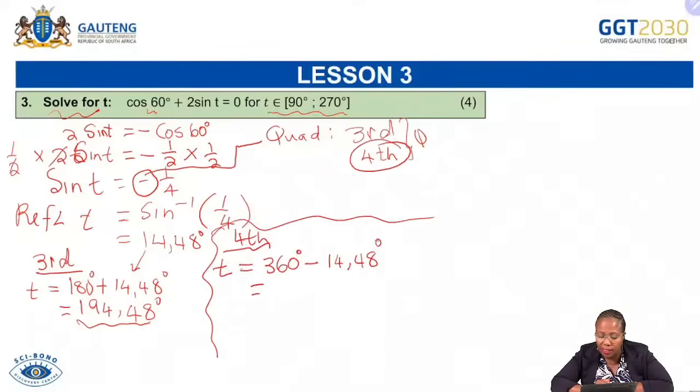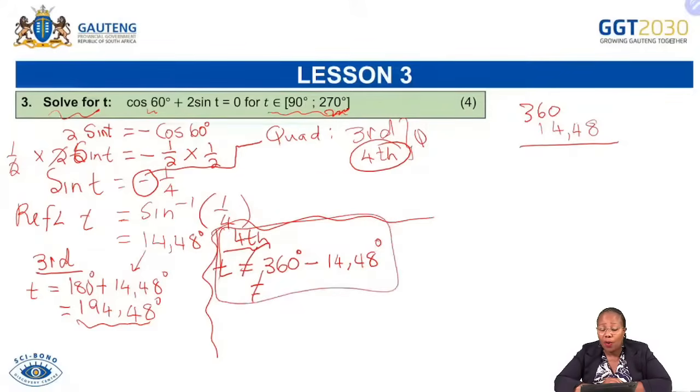Can you see that it will be more than what we are expecting? 360 minus 14,48, we'll be having 300 and something as our angle there. It is more than 270. That is why we are not calculating in that quadrant, because the angle will be more than 300. We must only have our solution between 90 and 270.